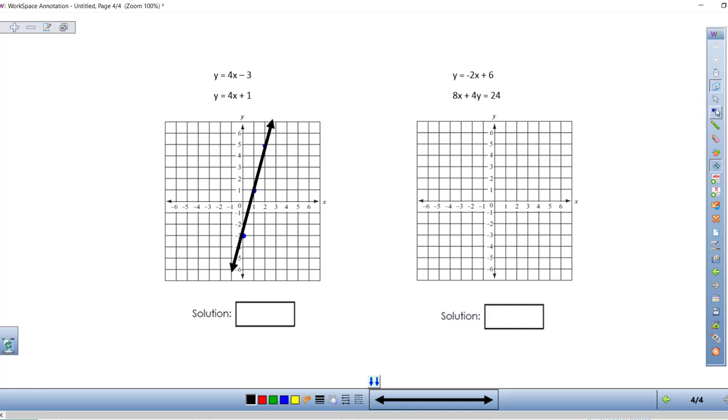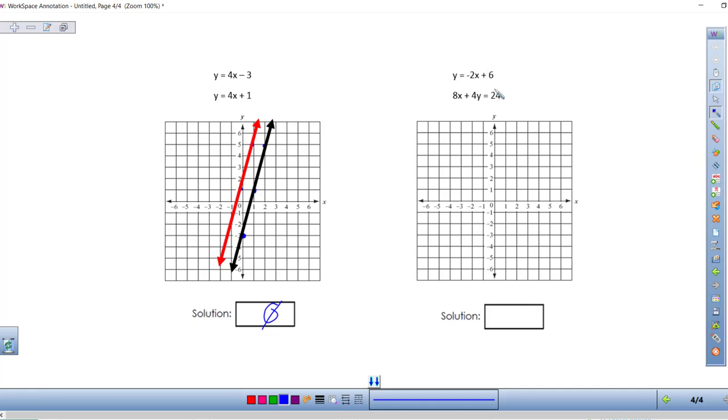And the other equation, we start at 1, and again up 4 over 1. I can't fit another one, that's okay. These two lines are parallel. They have the same slope, they're never going to intersect. So we can say 0 with a line through it to show no solution.